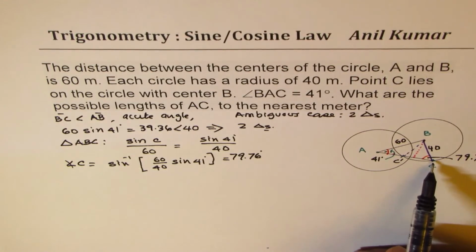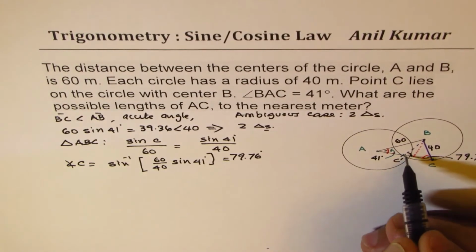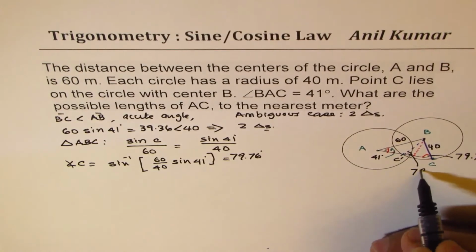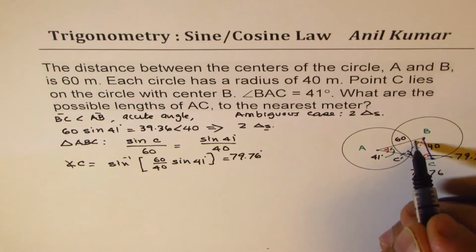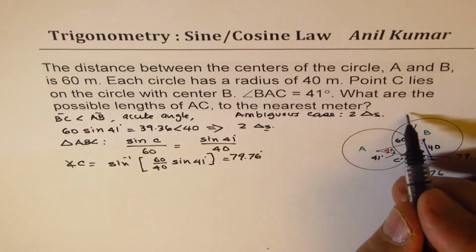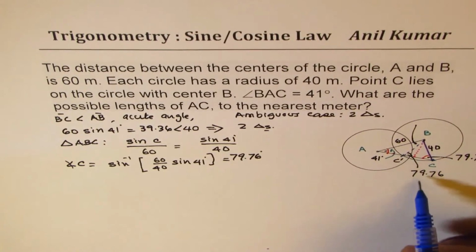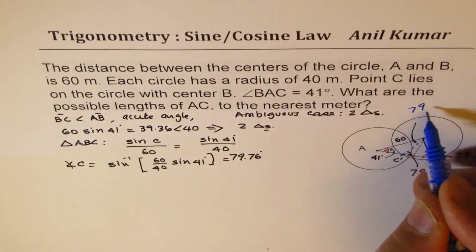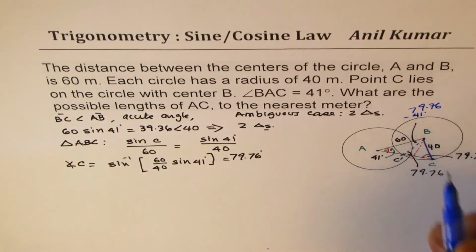Now if this is the angle here, so that angle is also for this side. So both are, this is also 79.76. So this angle here, the smaller one will be what? The smaller one will be 79, because this is an exterior angle, 79.76, take away 41 degrees, right?